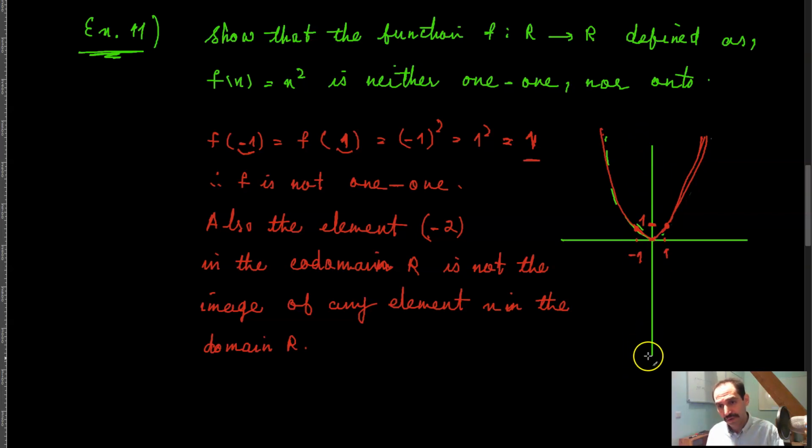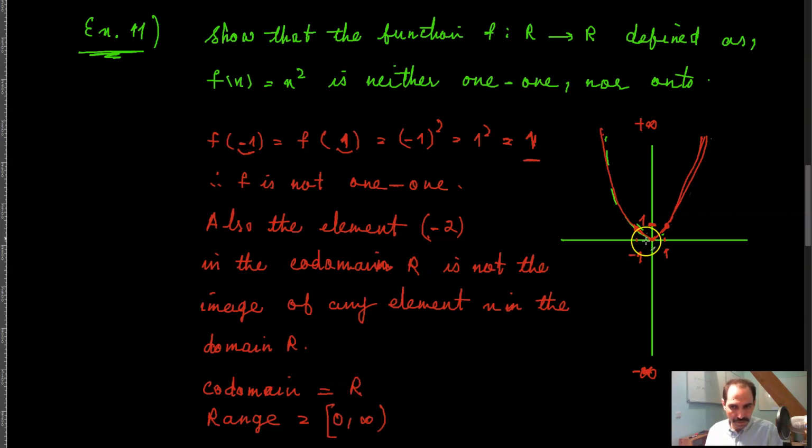This whole thing, from negative infinity all the way up to positive infinity, is the codomain of the function. Your codomain is the set R, but the range of the function goes from 0 to infinity, right?